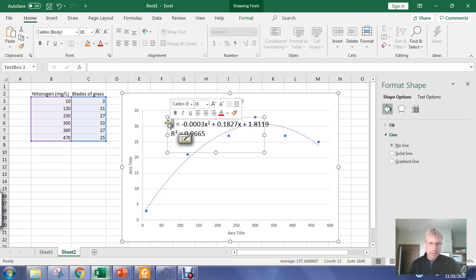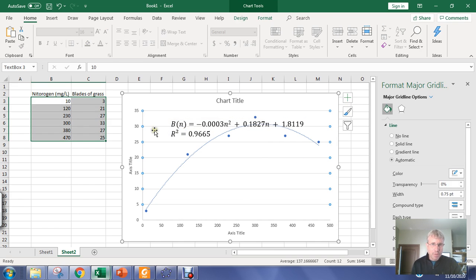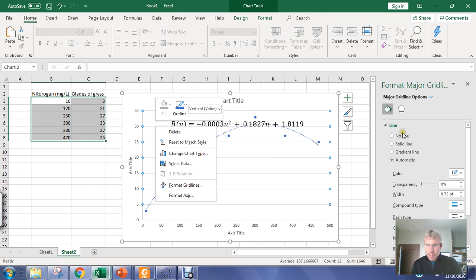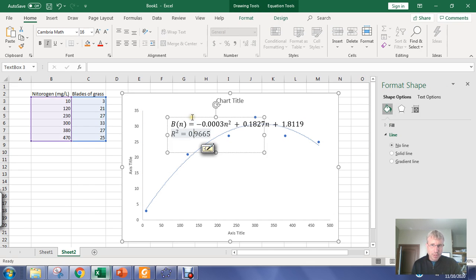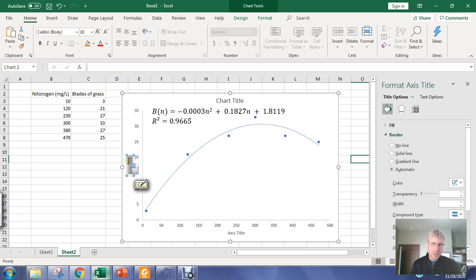Instead of y, our outputs are blades of grass, so I'm going to write blades of grass B as a function of n, and we'll replace x, which is our inputs, with n for nitrogen. I'm going to press alt equal to convert everything into an equation and get rid of a little bit of the funky space. I'm going to get rid of these lines so that we aren't having to look at the lines in the chart area. So there's the equation, and then we'd want to give it a good axis title.